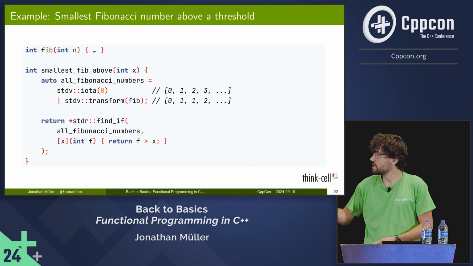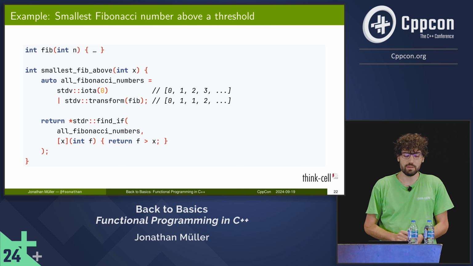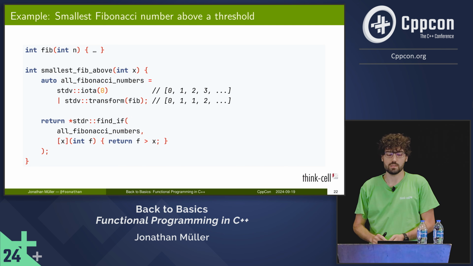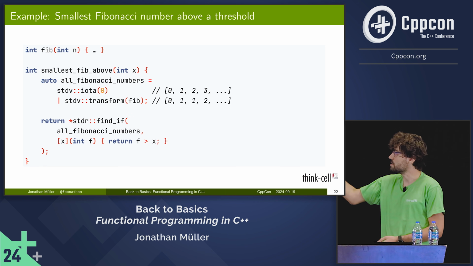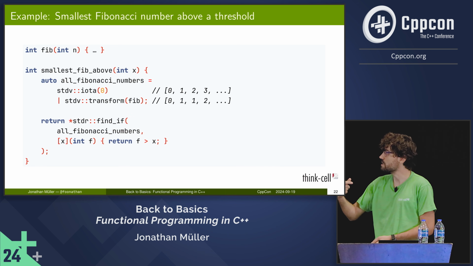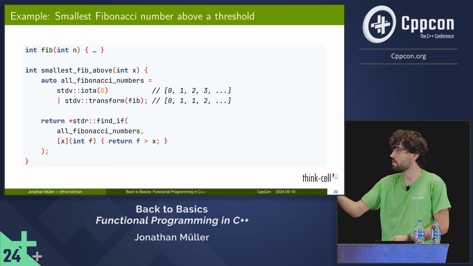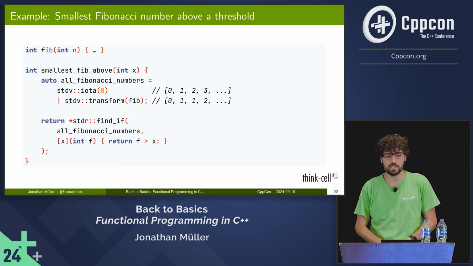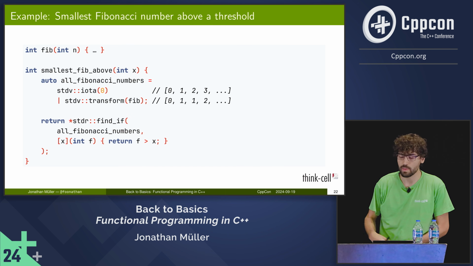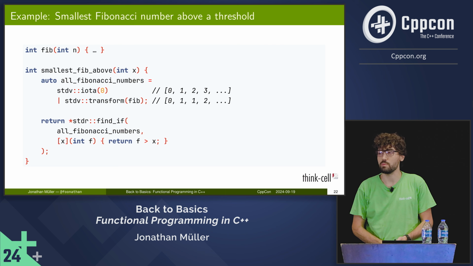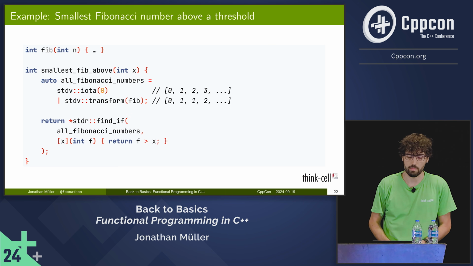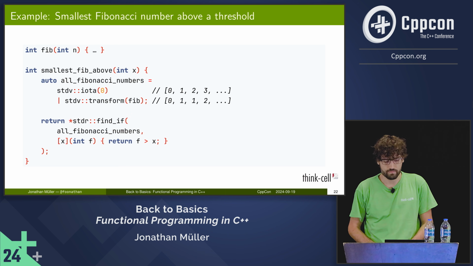Then we have our function fib that computes the nth Fibonacci number, and we transform the integers. This applies the function to each integer, which expands to fib0, fib1, fib2, fib3, and so on up until infinity. Then we pass that to findIf, and this iterates over the Fibonacci numbers until we find one that is bigger than our threshold.